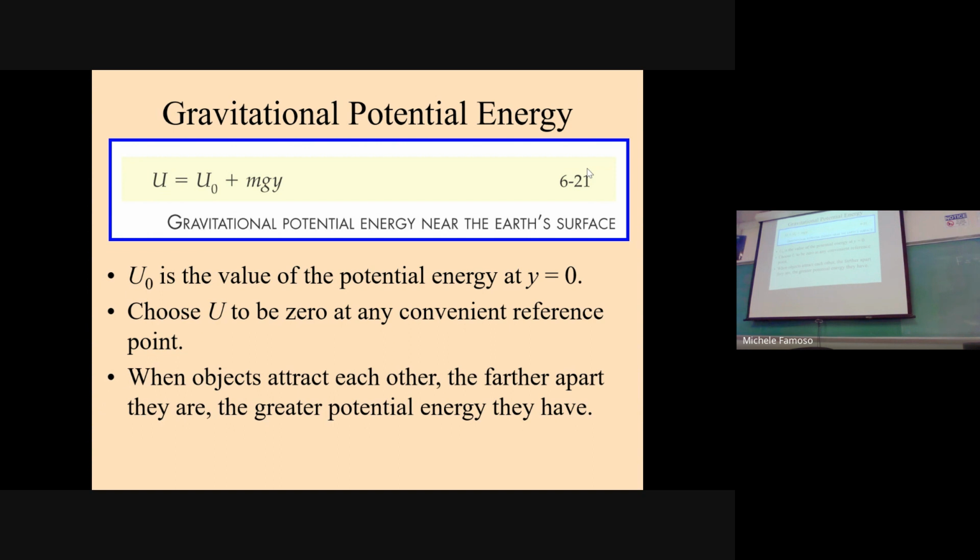If I were to move it higher up, talk to me about how much potential energy it has here compared to here. It has more here, right? It's further away from the Earth. The further apart things are, the more potential energy they have. Think of that example to help you.